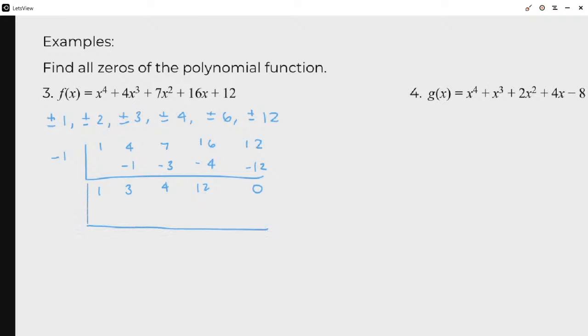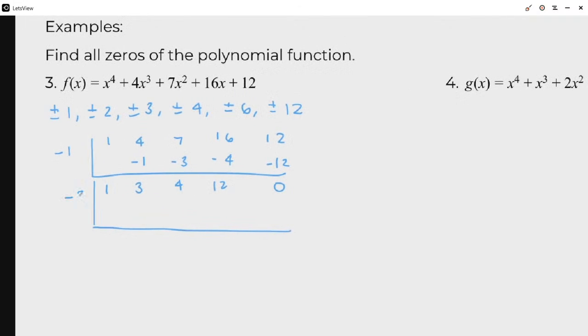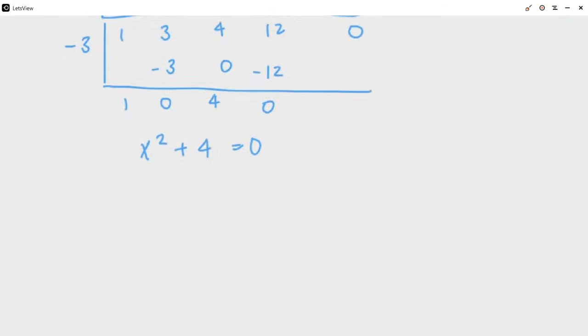And then we can do this again for another number. So let's do -3. And we get 0 again. So now at the end, 1 0 4 means x squared plus 4. So we can set it equal to 0 to find what it is. So for this, we can subtract 4 on both sides. So we get x squared equals -4, and then square root both sides.